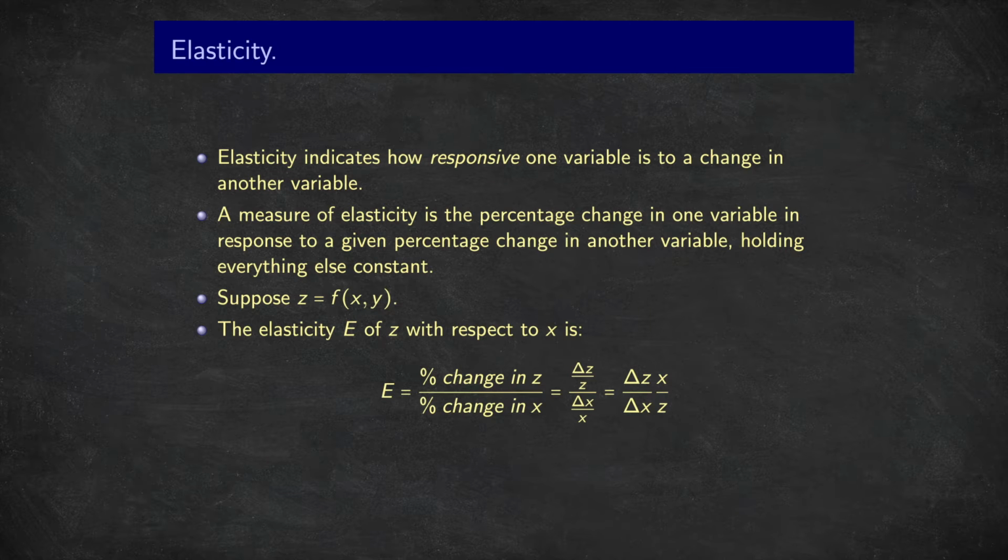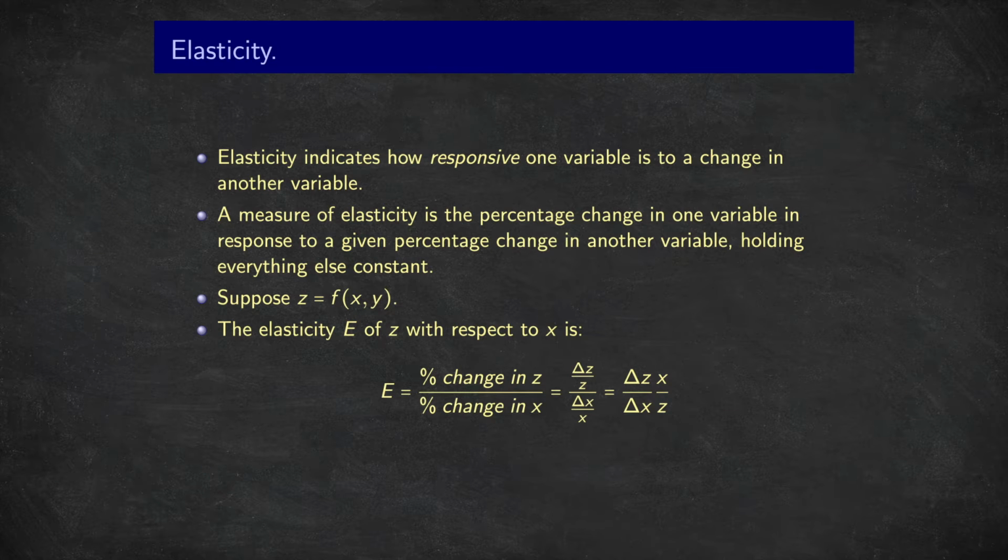This triangle is a capital Greek delta, which we use to denote change. So it doesn't need to be a small change like a derivative. Essentially, change just means the new value minus the old value. So if we take delta z divided by z, we get the proportional change in z.